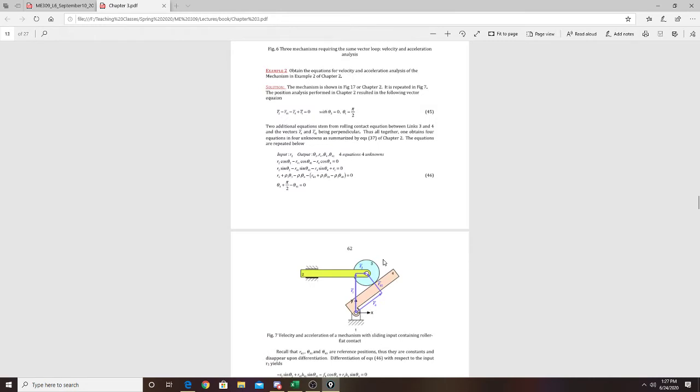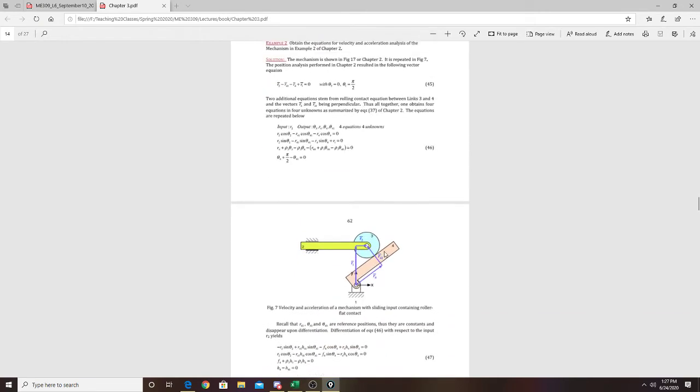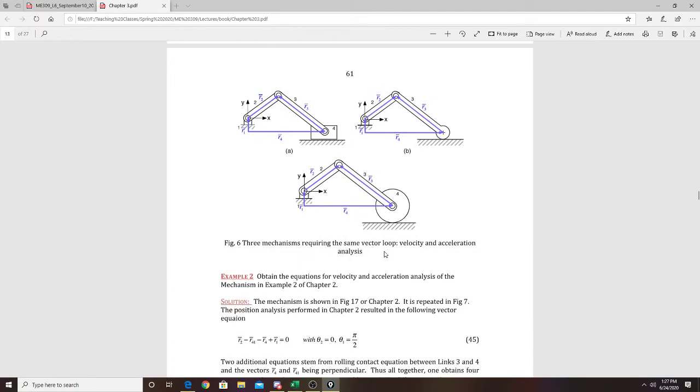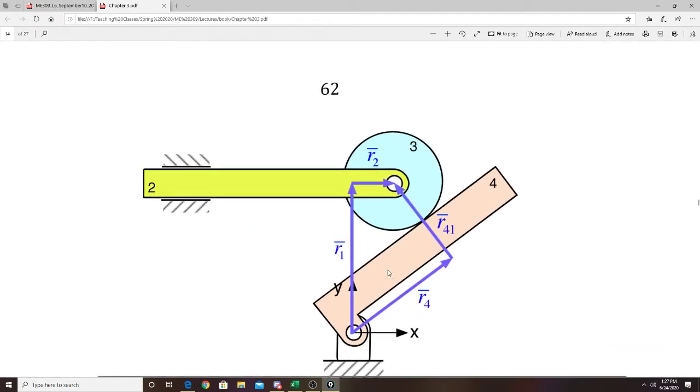That's funny because on this one, R2 is the input, if I recall. Yep, okay. So we're going to do this one right here. Let me zoom it in here. All right, guys, so this right here.